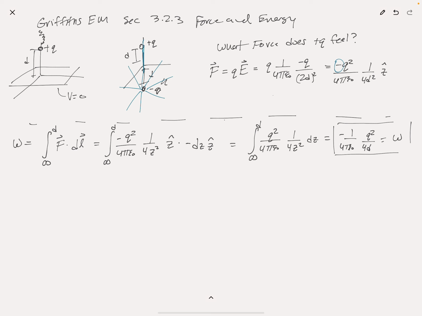Now we have other ways we can calculate the energy of a configuration. Let's borrow the potential expression, equation 2.42, where I take the sum over all the charges in my system and multiply each charge times the potential that charge feels.